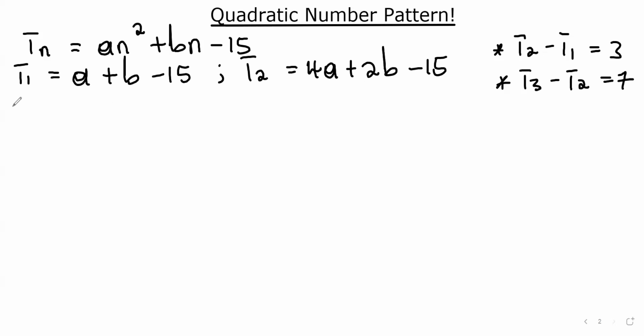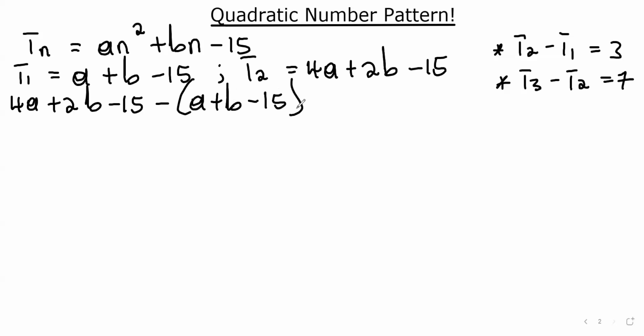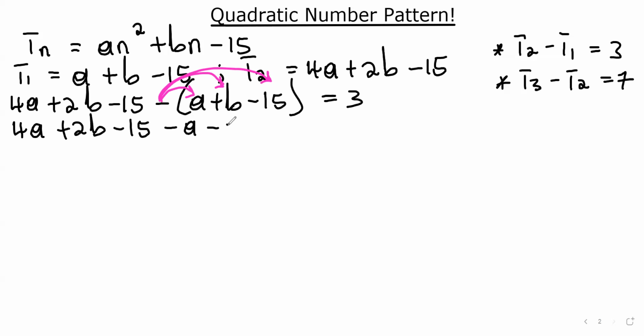So now we say term number 2, which is 4a plus 2b minus 15, minus term number 1, which is a plus b minus 15. And of course, everything is equal to 3. Then we distribute our negative sign. So we have 4a plus 2b minus 15 minus a minus b plus 15.